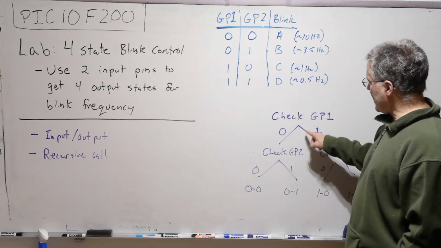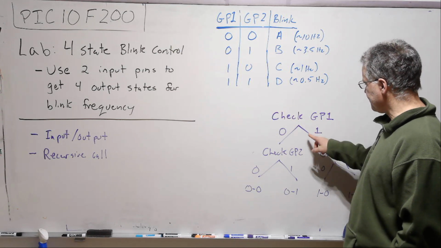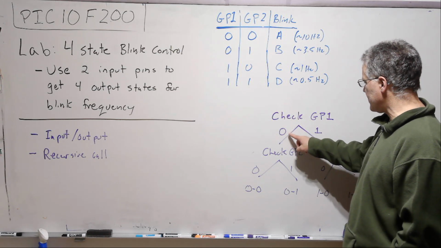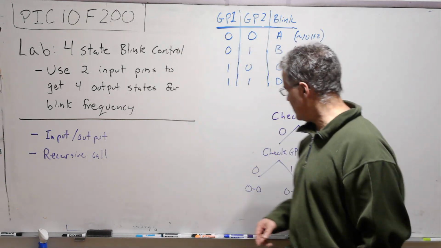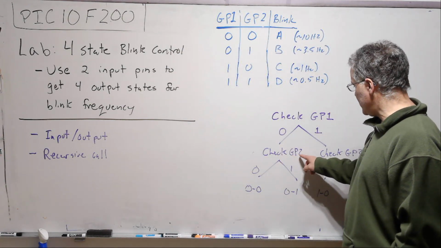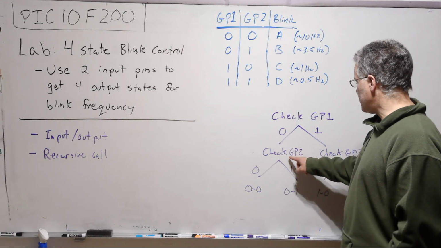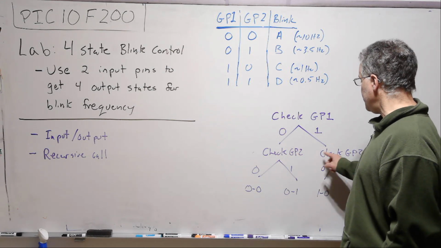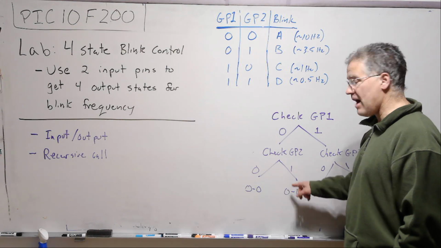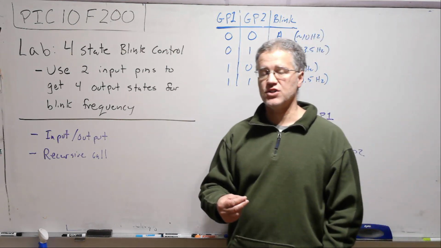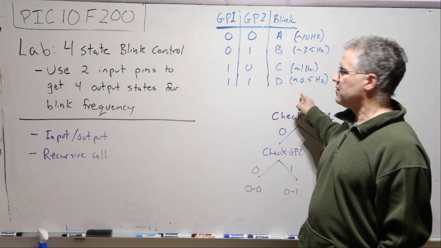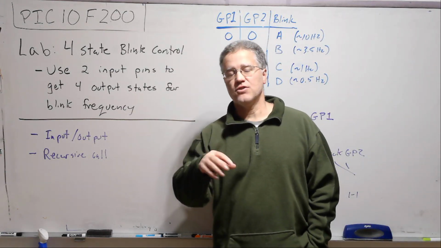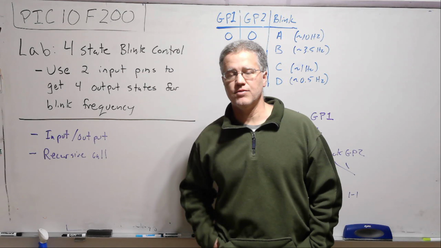So what's going to happen here is we're going to first check GP1, and based on whether that's a 1 or a 0, that's going to call a different function that will then check GP2, and that will in turn call another function that will then write the appropriate delay value to give us the frequency we want.